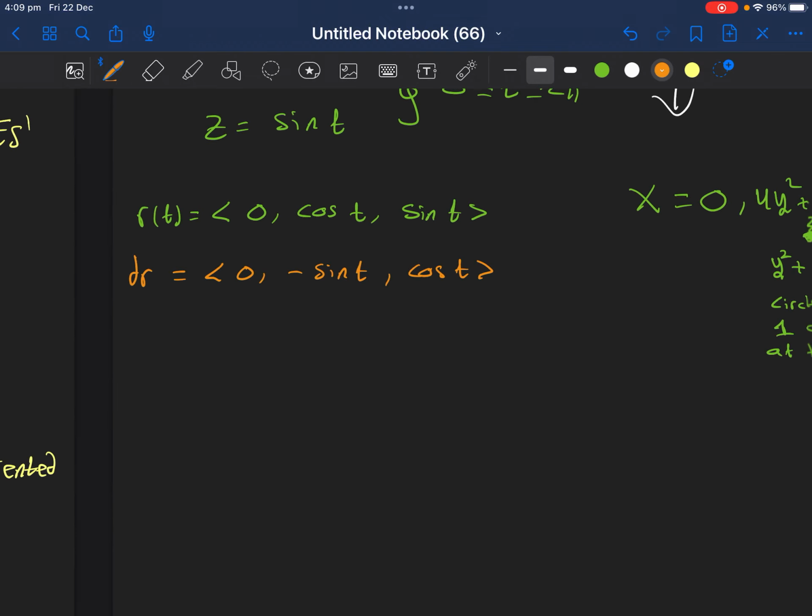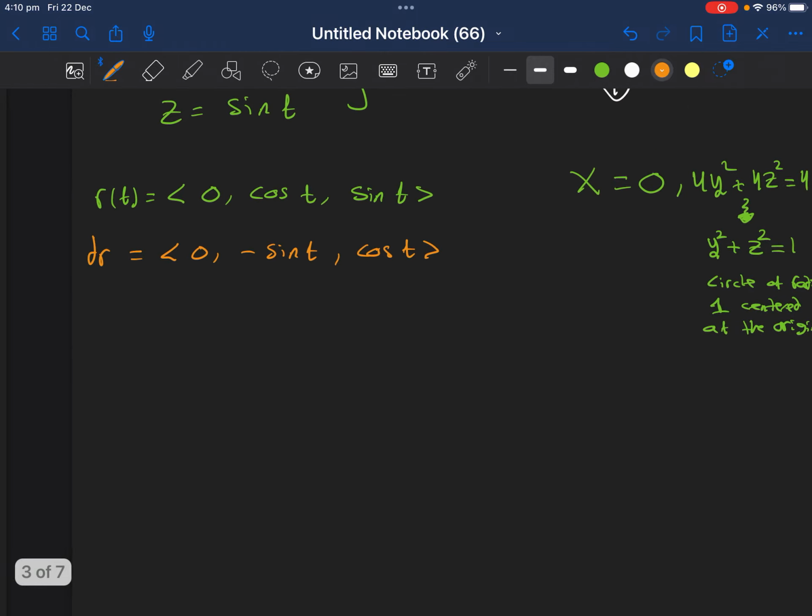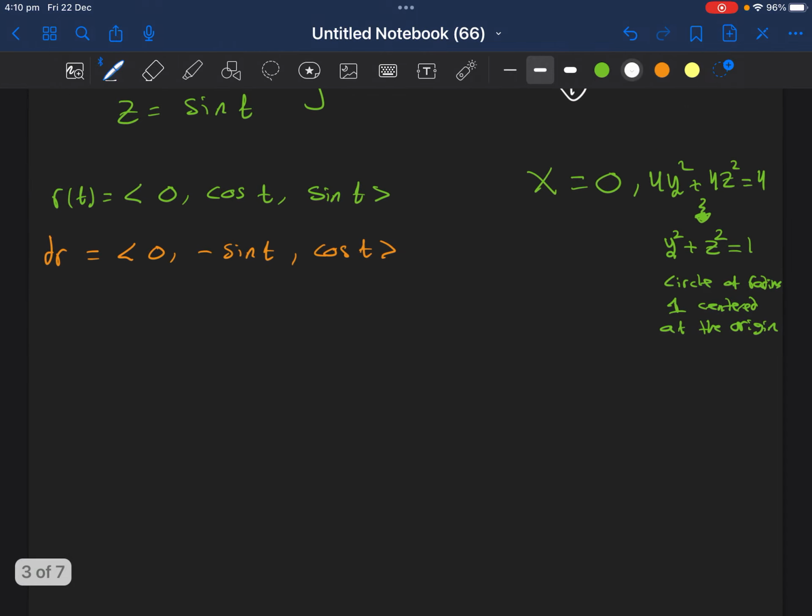And now we are ready to find the integral, because by Stokes theorem, if we want to find the integral of F dot dr, all we need to do is take the integral and transform it in terms of t. So the integral will be from 0 to 2 pi, because t is from 0 to 2 pi.